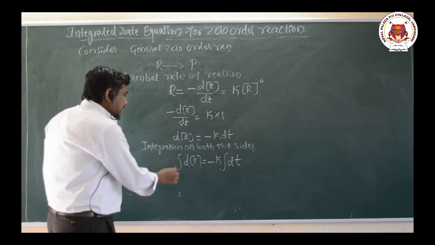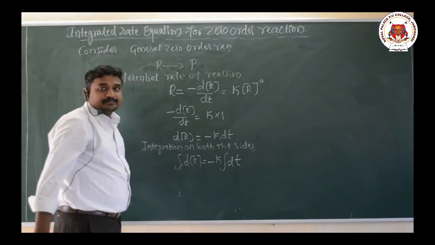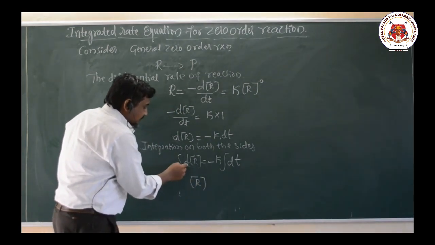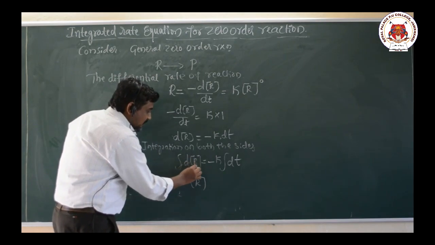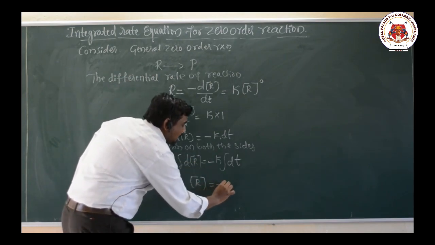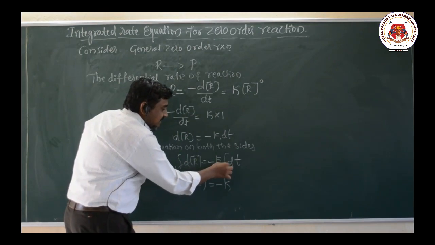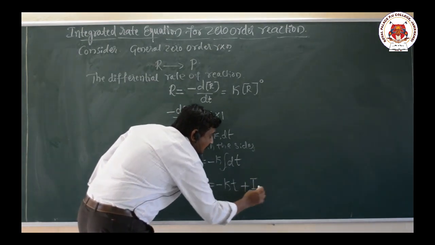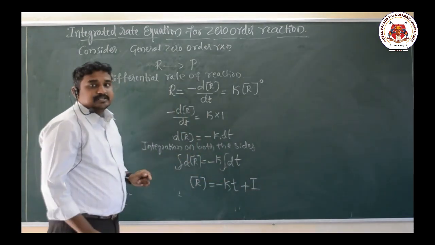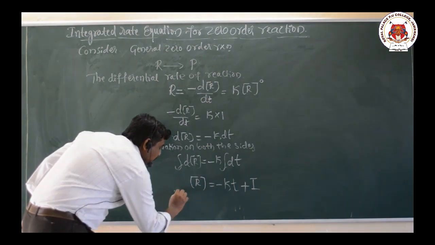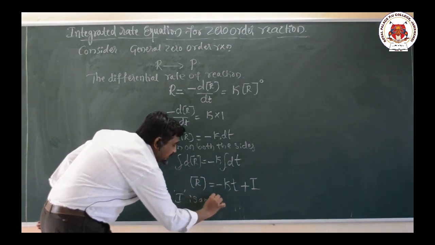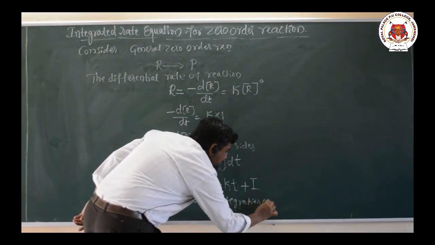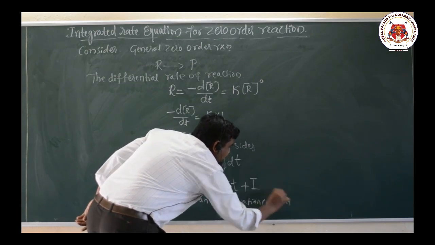Integration and differentiation get cancelled, so the remaining thing is the concentration of R. Hence the concentration of reactant equals minus k t plus I. Here I is an integration constant. I will take this as equation number 1.